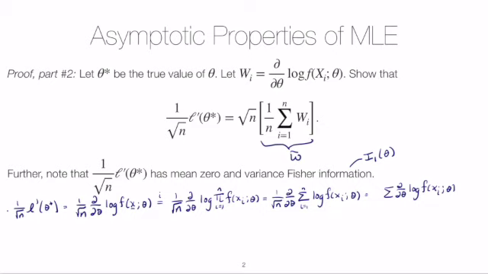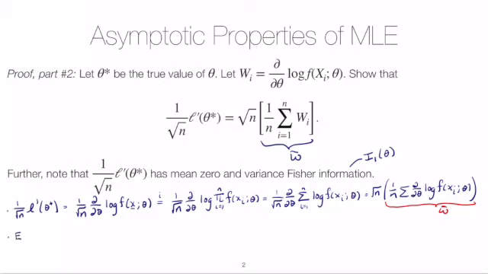So this should be the square root of n times 1 over n, and so this whole term here is what I called W bar above. All right, so we've proved the first part. We've proved this equality. The next thing we want to do is just show that this quantity has mean zero and variance Fisher information.